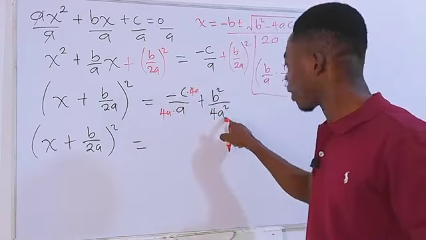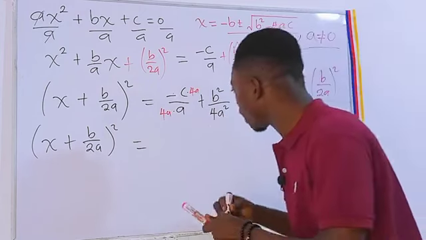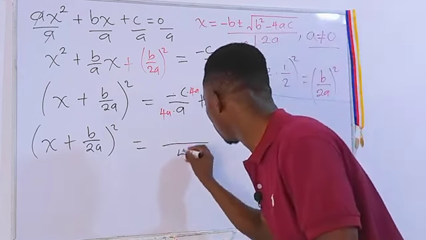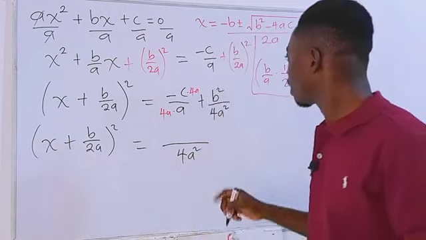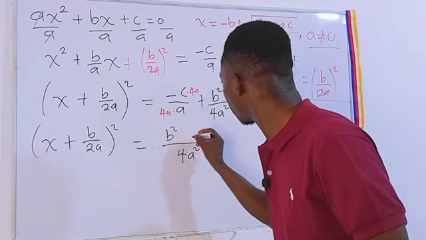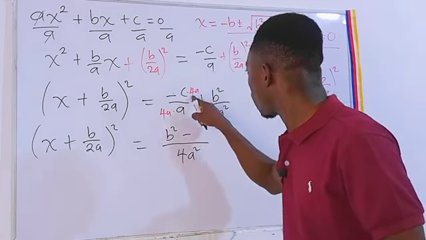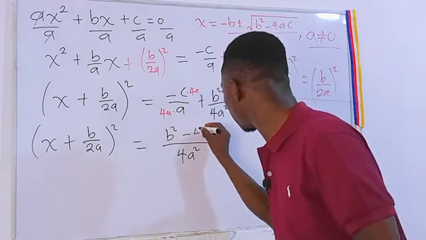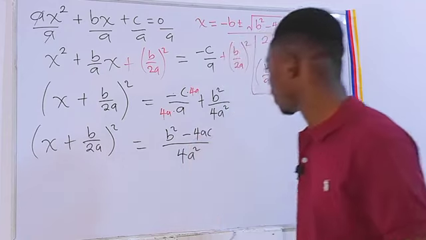We have 4a squared also here, just like that. So I will just write one of them as the LCM, 4a squared. Then the numerators, I will combine them. We have b squared, then minus 4a times negative c, that will be minus 4ac, just like that.